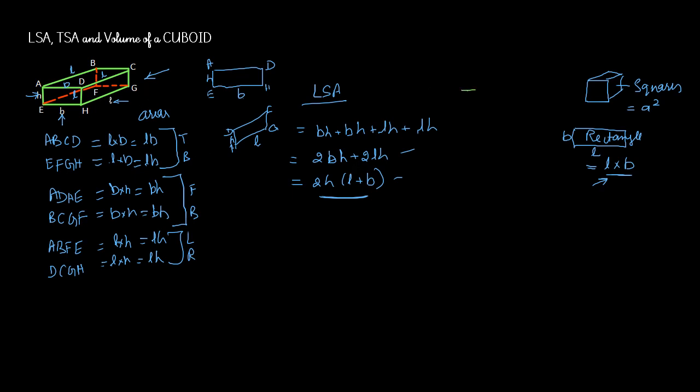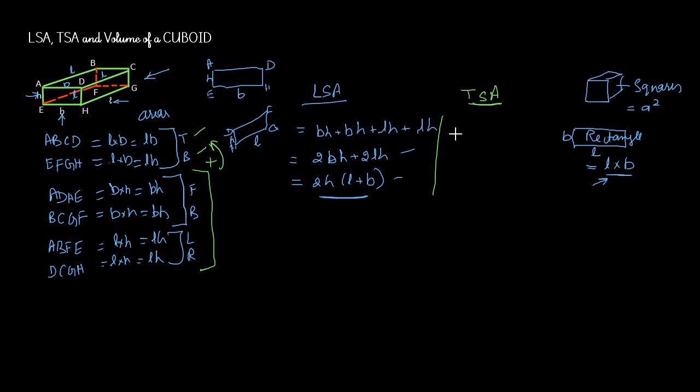Now coming back to TSA, total surface area. As we understood, to find the total surface area, I need to add two more faces, two more areas, which are top and bottom. We already know this. This plus this should give me TSA. It's the sum of the areas of all the faces of that cuboid or box.